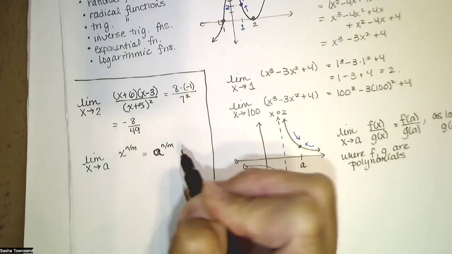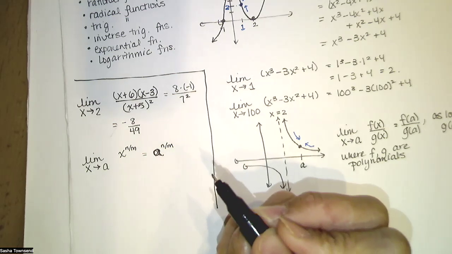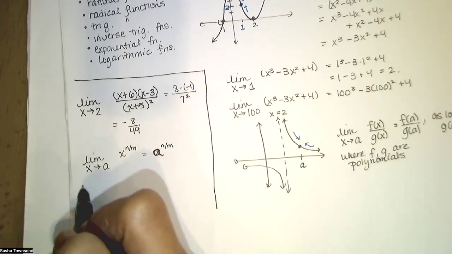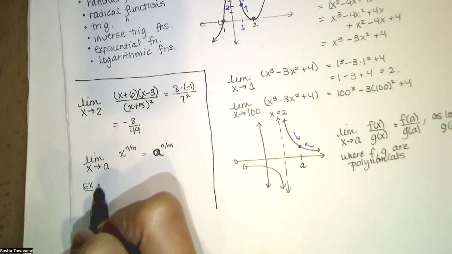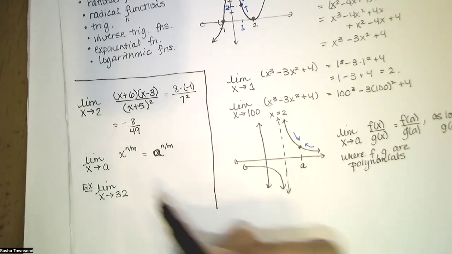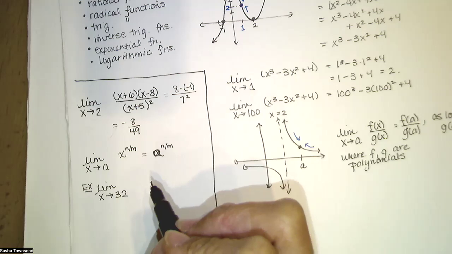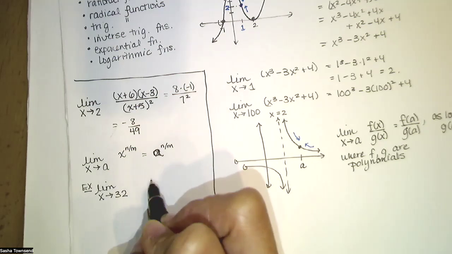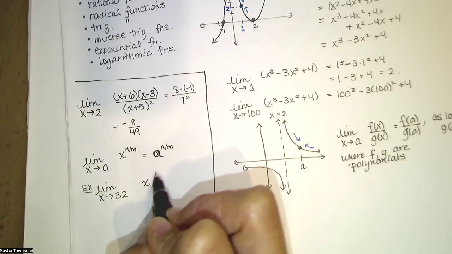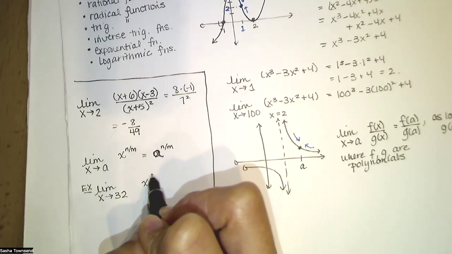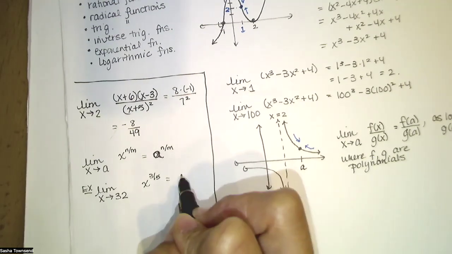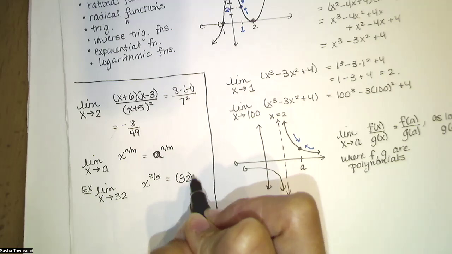So we'll have a raised to the n over m power, provided that actually makes sense. So for example, if I have the limit as x approaches 32 of, let's say, x to the 3/5 power, then we're going to get 32 raised to the 3/5.